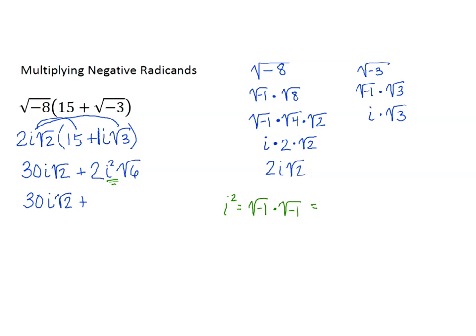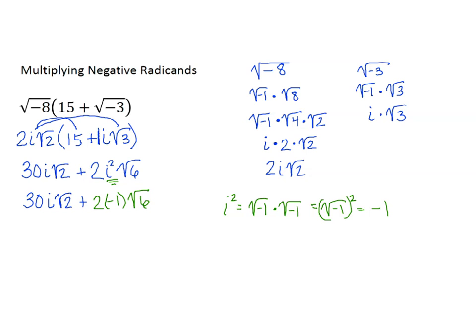And when you do the square root of negative 1 to the second power, you just get negative 1. So I can replace my i squared with a negative 1. So I would have 2 times negative 1 times root 6.